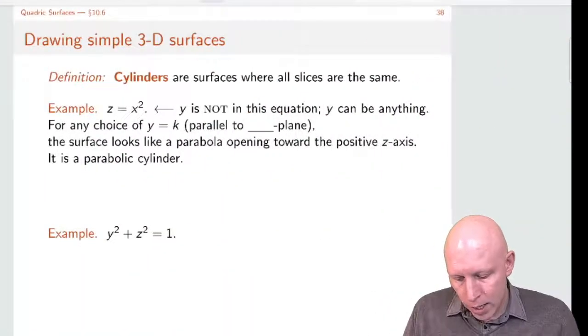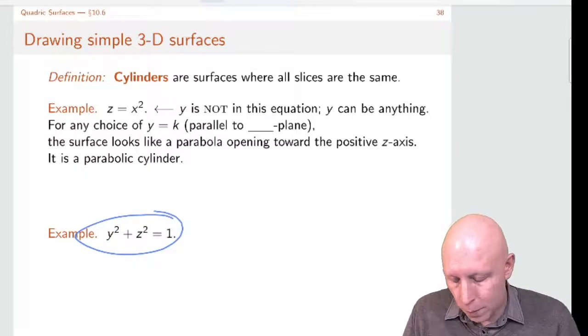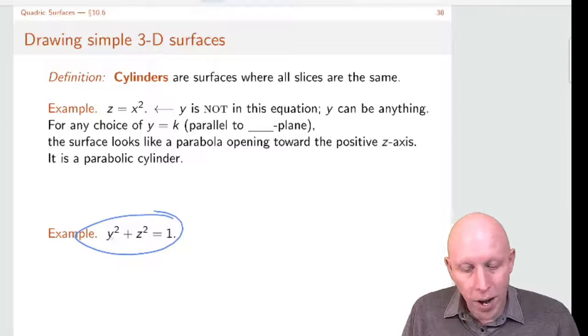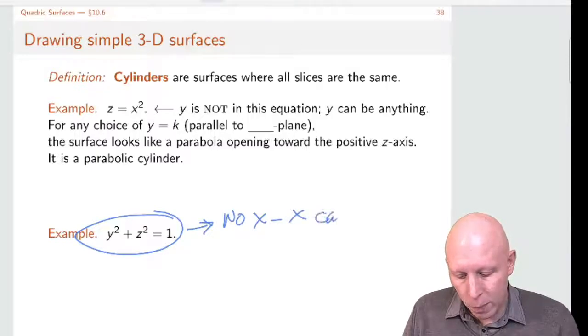All right, and so now let's look at this one. y squared plus z squared is equal to 1. In this example, we have no x. So there's no x, so x can be anything.